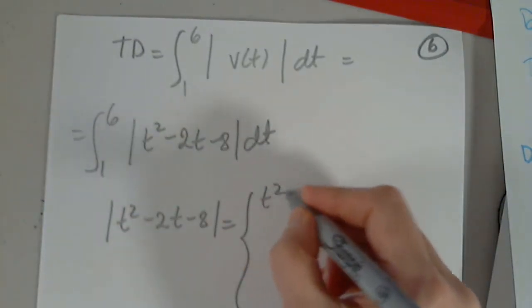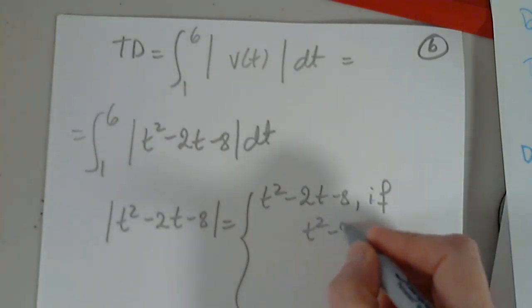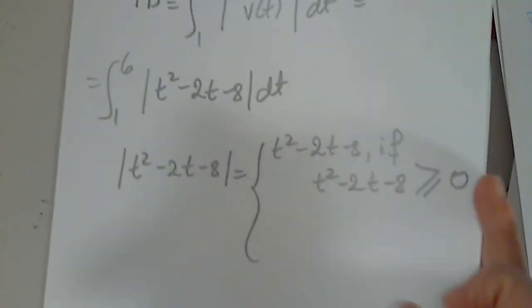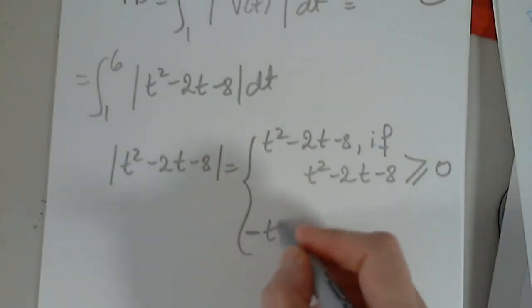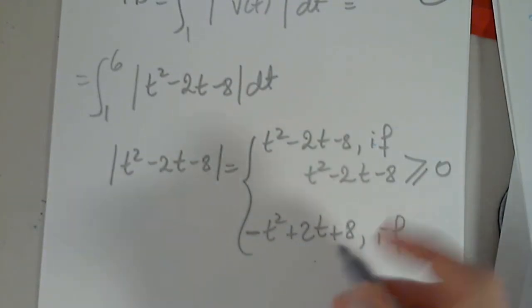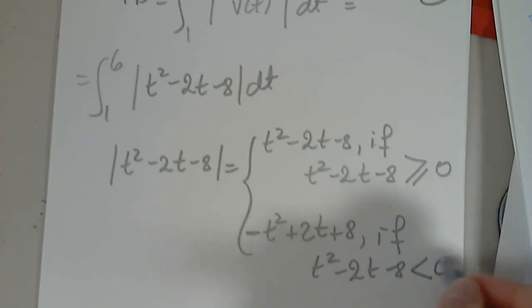So there are two options. If t squared minus 2t minus 8 is greater than or equal to 0. And the other option is negative t squared plus 2t plus 8 if the same quantity, t squared minus 2t minus 8, is less than 0.